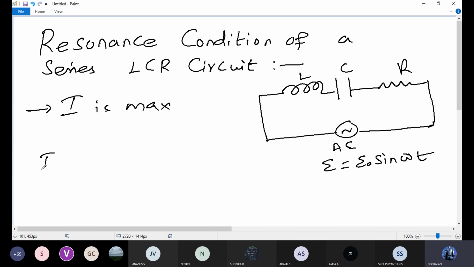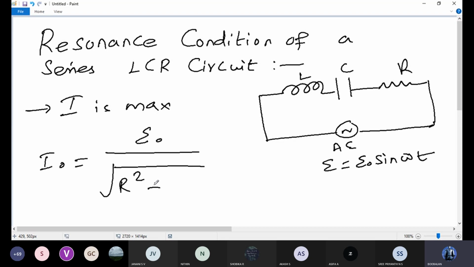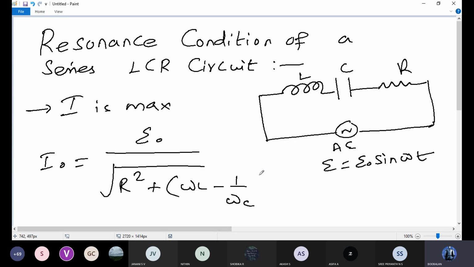I naught is equal to E naught divided by Z. In an LCR circuit, we apply Z equal to the root of R square plus, in brackets, omega L minus 1 by omega C, whole power 2. Here omega L minus 1 by omega C is XL minus XC.